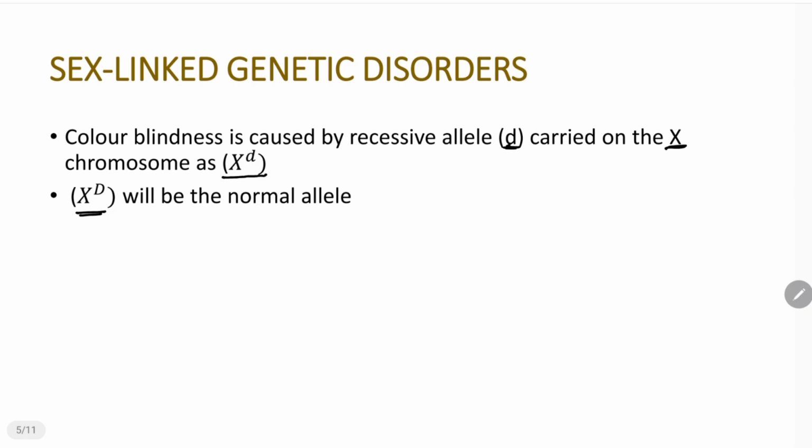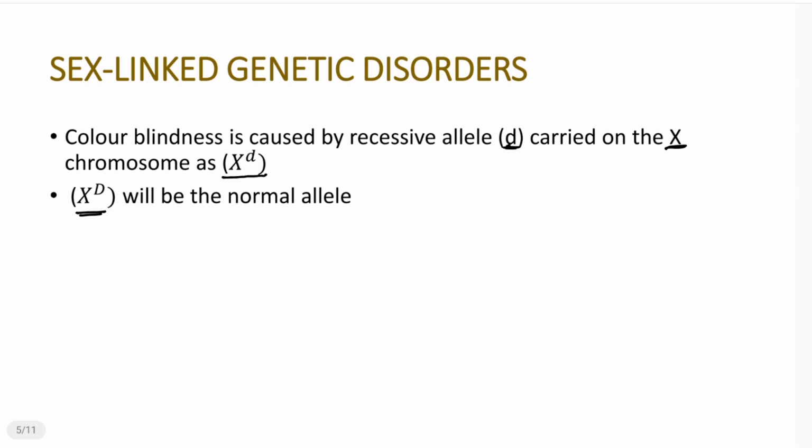Now, it is very important for us to know that hemophilia and color blindness are sex-linked genetic disorders, and therefore anytime we show genotypes or we are required to do genetic crosses involving hemophilia and color blindness, it is important to remember that they are sex-linked genetic disorders, and therefore their genotypes must be expressed with the sex chromosomes at the same time, right?